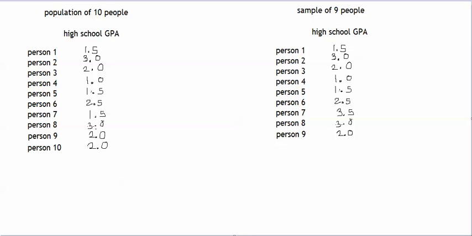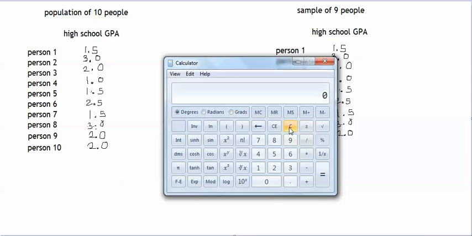And then the same person in the sample would also be 1.5. Now the 10 GPAs from the population of 10 people add up to 20. Since the total is 20, we can divide 20 by 10, and we get a mean of 2.